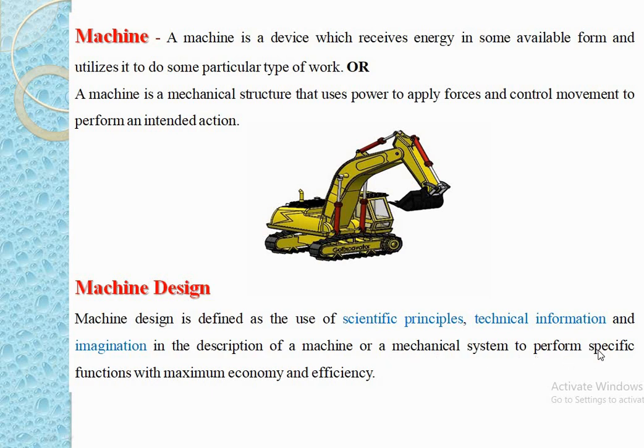So in simple language, machine design uses scientific principles, existing technical information, and the imagination of an engineer in the description of a machine or mechanical system to perform a specific function with maximum economy and efficiency.